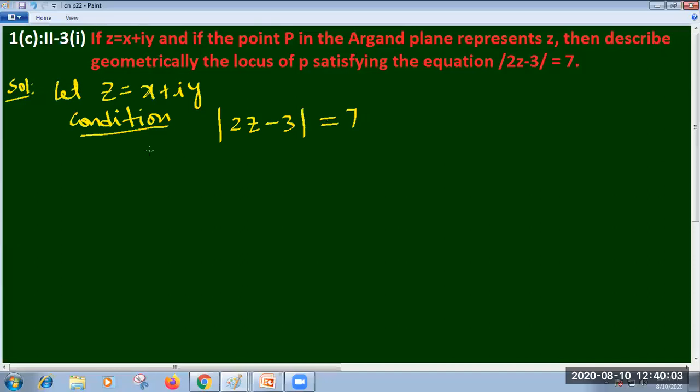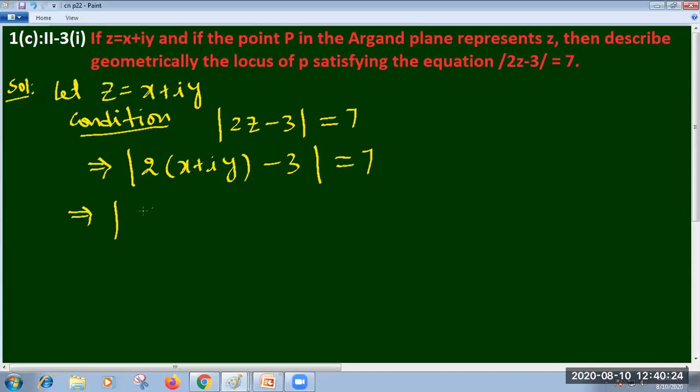Now writing z as x plus iy, so in place of z, you can write 2 times (x plus iy) minus 3 is equal to 7.